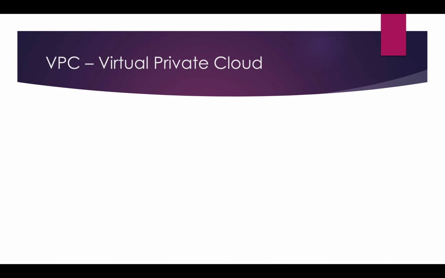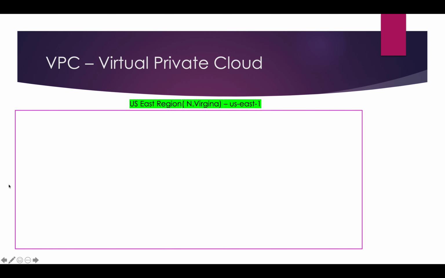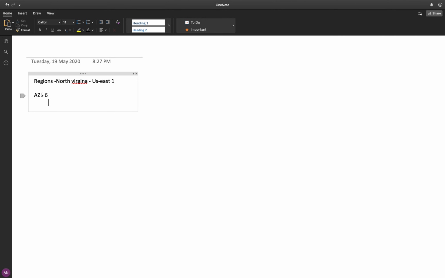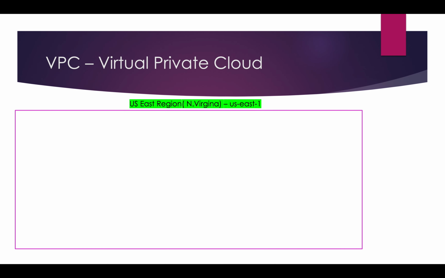Now you know each region. I am taking the US East region as an example. The name indicates US East 1. Assume that this whole rectangle diagram is a region. In this region I have 6 availability zones, AZ, which means 6 data centers are available in this region.